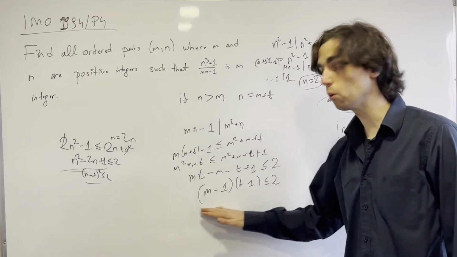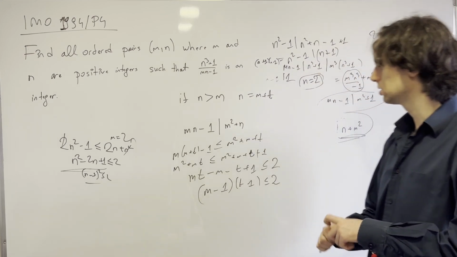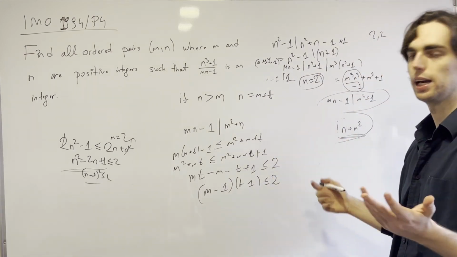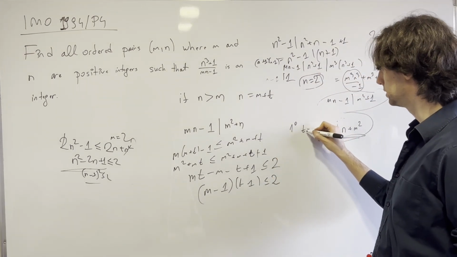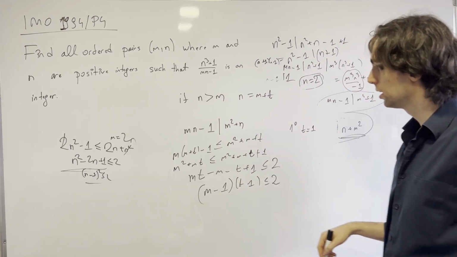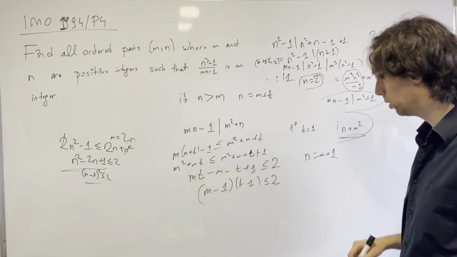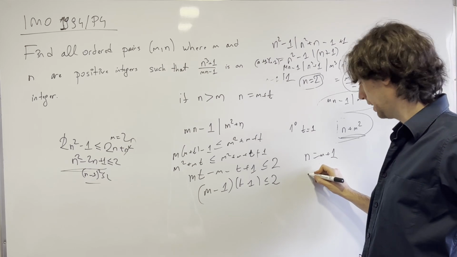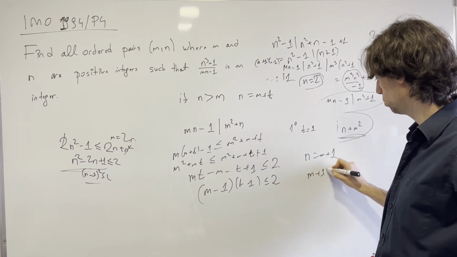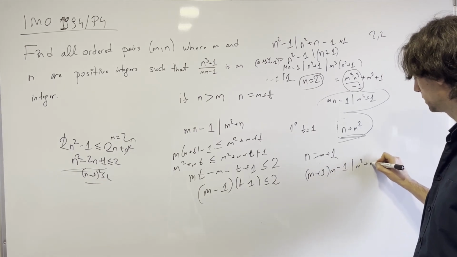This, mind you, is an inequality, not the divisibility. But from the inequality, let me write out those cases, like case 1, t is equal to 1. Then I have this thing right here, 0. But then I know n is equal to m plus 1. And then I have m plus 1 times m minus 1 divides m squared plus n.